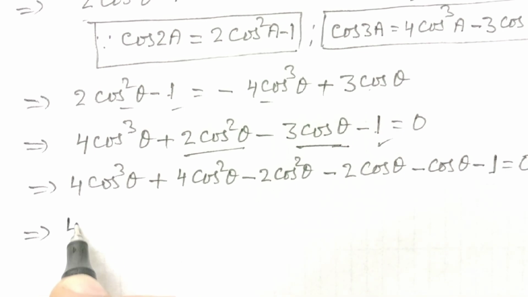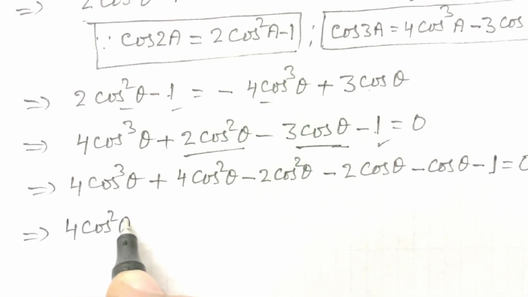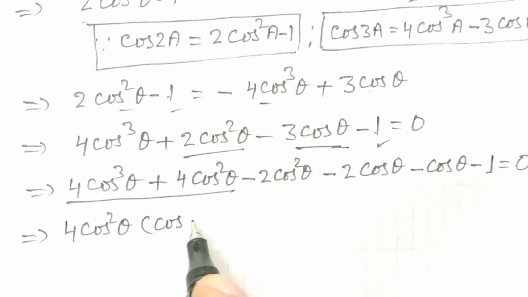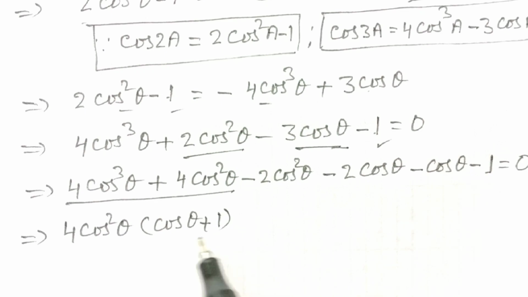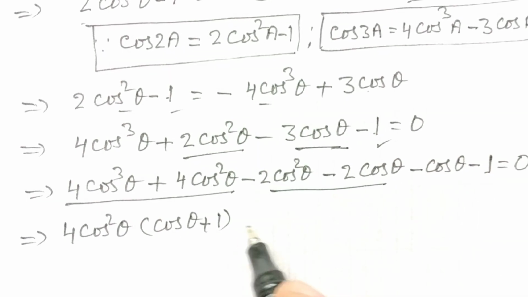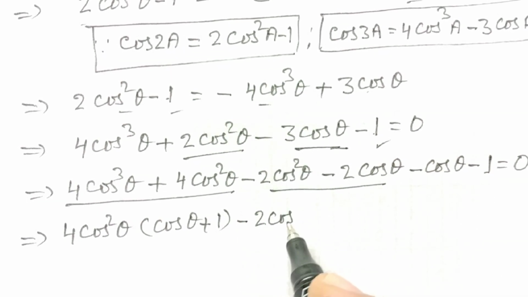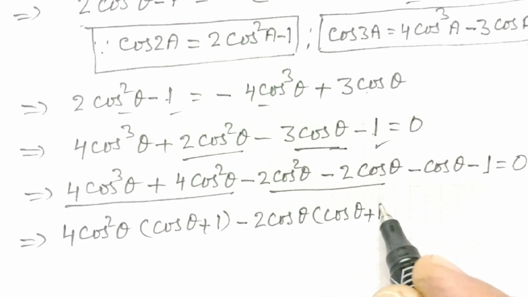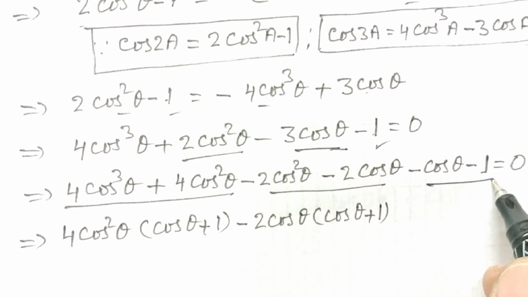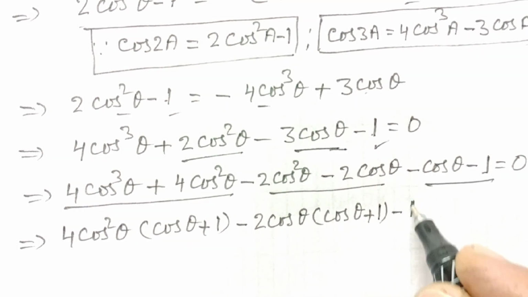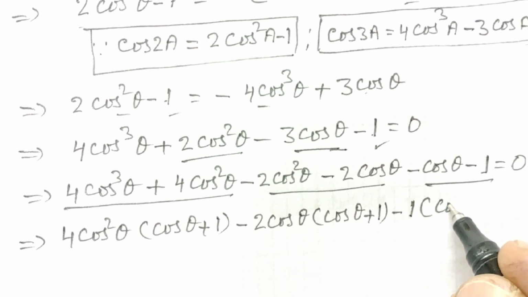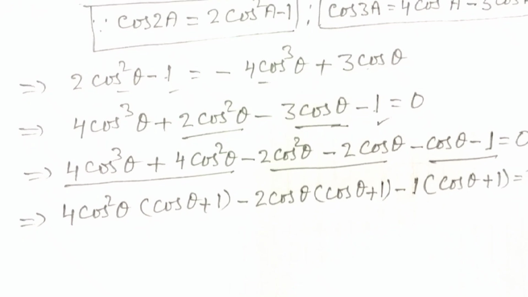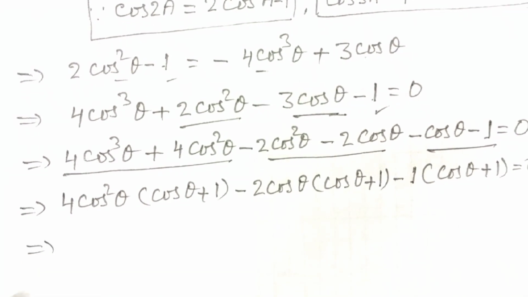Now 4 cos square theta as common, so cos theta plus 1. Here minus 2 cos theta, so cos theta plus 1. Right? And here minus 1 common, so cos theta plus 1 is equal to 0. Fine.